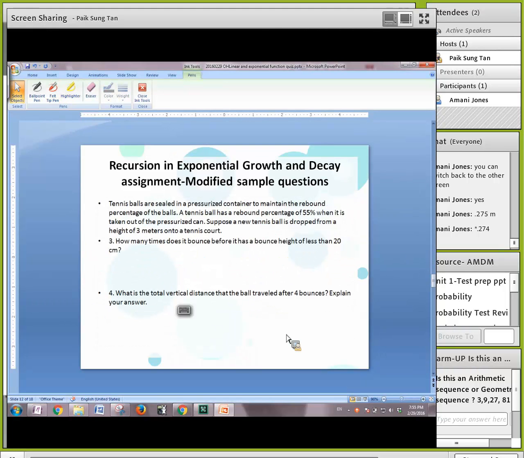Because now they want to know when the height is going to be less than 20 centimeters. I know 3 meters is equal to 3 times 100 centimeters, so it's actually 300 centimeters. If I change it to centimeters, my calculation will be easier. So when is this less than 20?